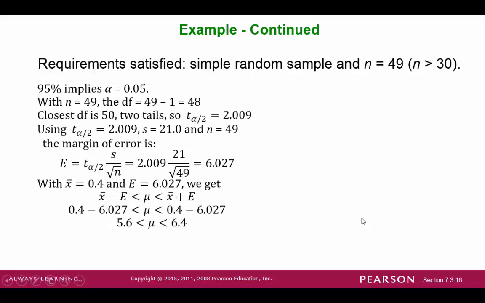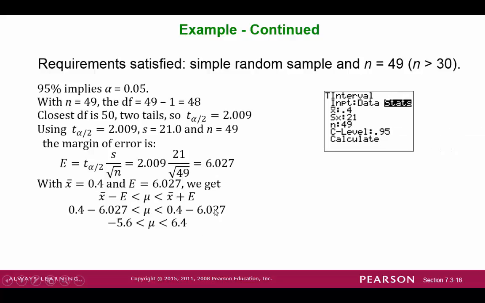There's 2 tails at 0.05, and you get 2.009. And then you use that to construct your margin of error, which is 6.027, and then you add and subtract that to 0.4, your sample mean, and then you get negative 5.6 to positive 6.4.